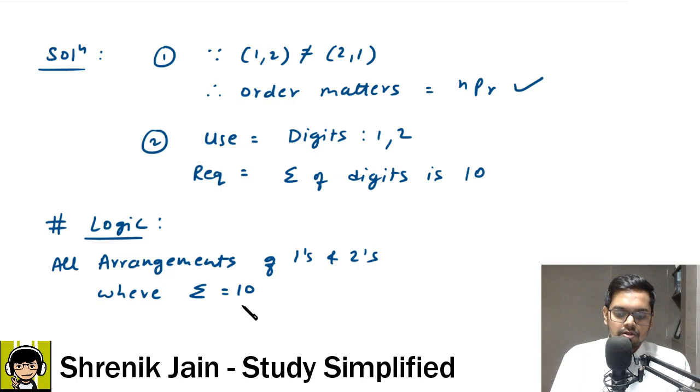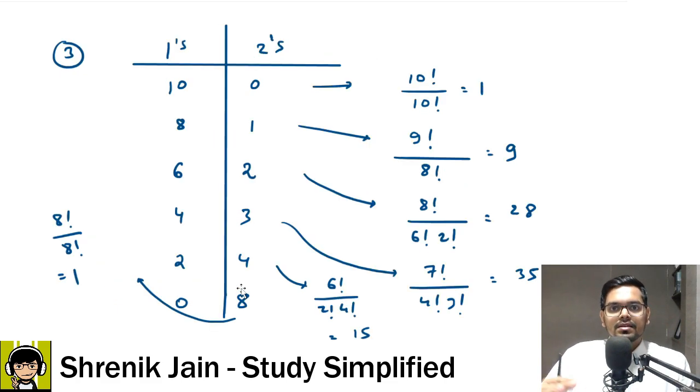Once you understand this logic, we can make a table and get the answer. Arrangement of 1s and 2s. So an arrangement question is like letter arrangement but repetition happens, so divide by that, right? So type 4 in the permutation we have studied. This is a type 4 question of permutation. But cases are not specified. I have to create the cases and then add up all the cases. Case 1.